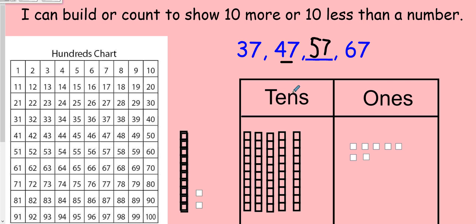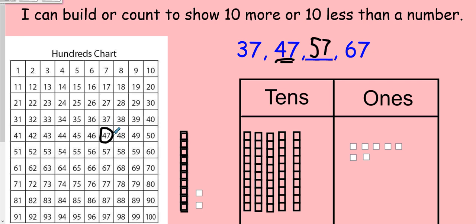We could also use the hundreds chart to help us show 10 more than a number. We were using 47 to help us, and we were thinking about 10 more than 47. So let's find 47 on our hundreds chart. It's right here.